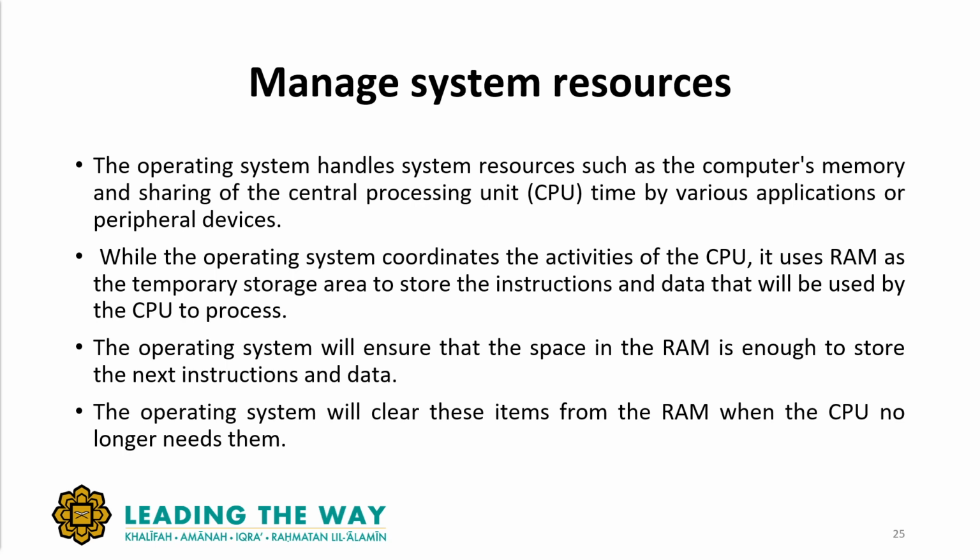Management tasks include scheduling resource use to avoid conflicts and interference between programs. Unlike most programs which complete a task and terminate, an operating system runs indefinitely and terminates only when the computer is turned off.